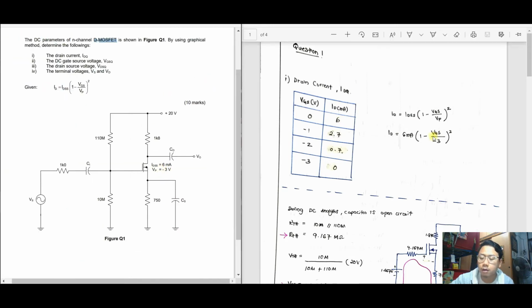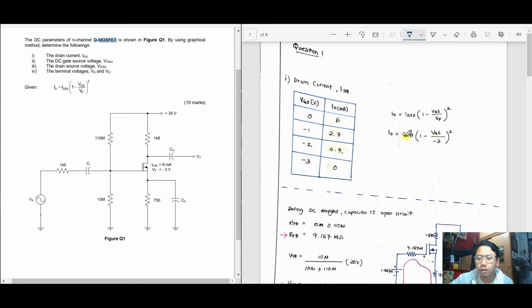Next, how to find the value of VGS? Let's see the value of Vp first. The value of Vp is negative 3 volt. Therefore, we set VGS from negative 3 until 0.